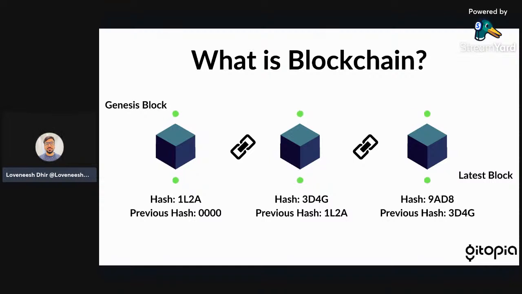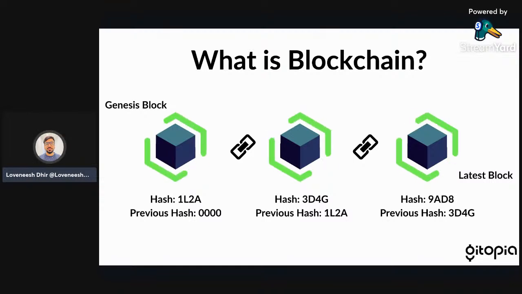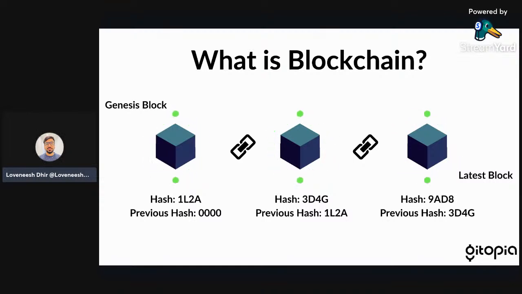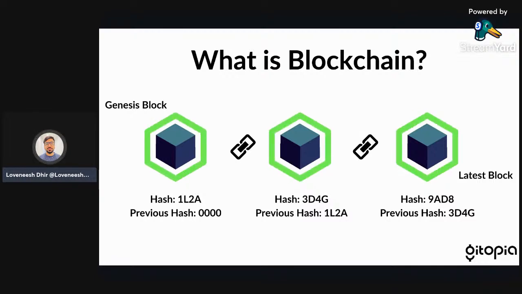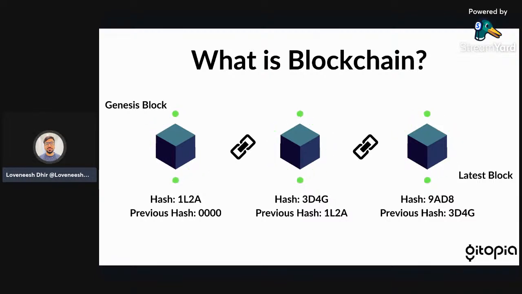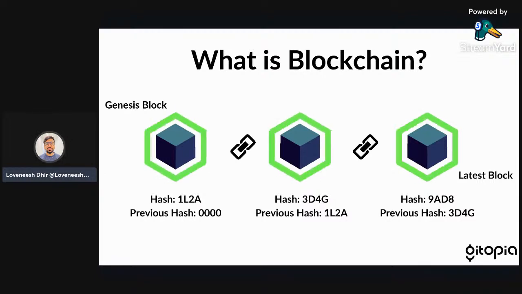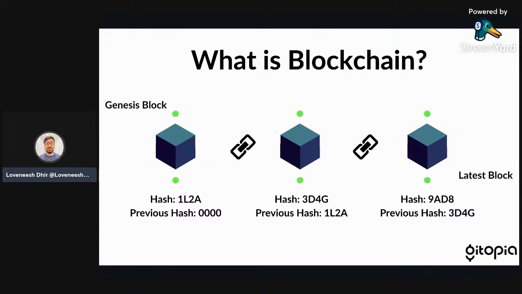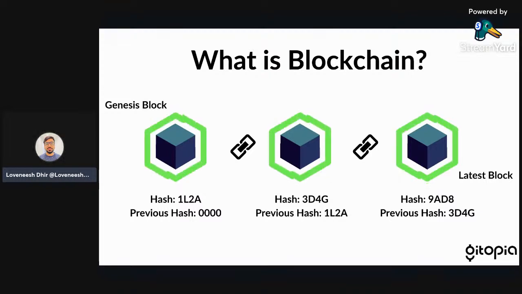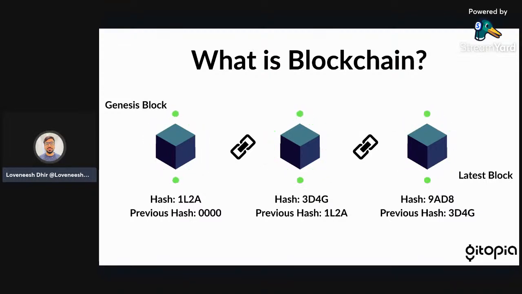We can also talk about the immutability of the ledger. As I already told you, a ledger is a digital record of transactions or data stored in multiple places on a computer network.